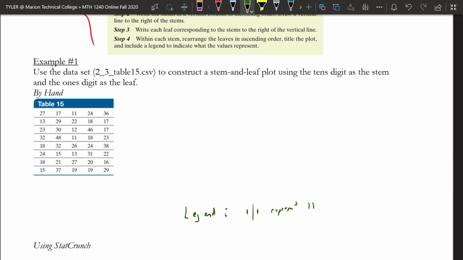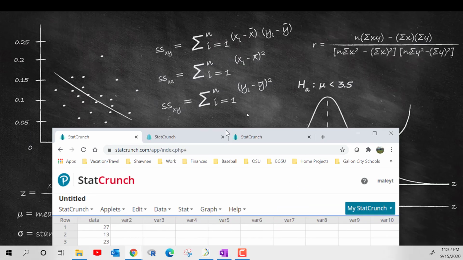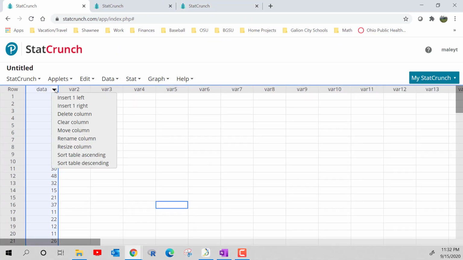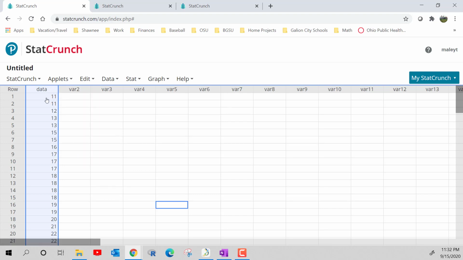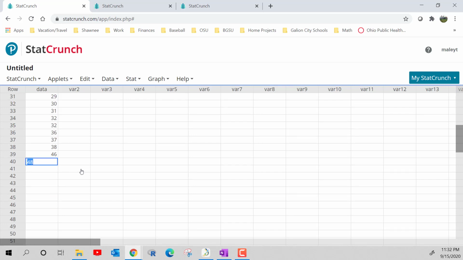These numbers range from 11 as the min, and the maximum is 48, I believe. If you're ever unsure, a quick way to check is that I have this data in StatCrunch. I could sort the data. You can see 11 is the smallest value, and 48 is the largest.